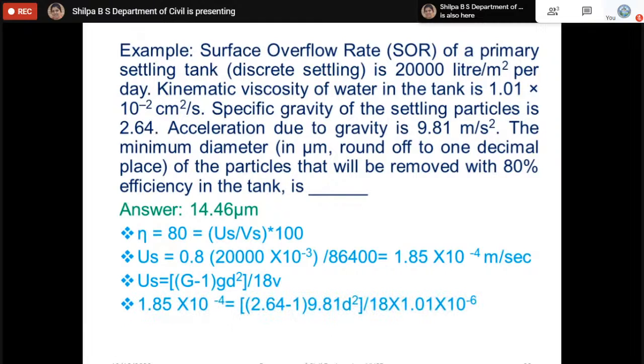Based on the surface overflow rate, the acceleration due to gravity, and the specific gravity, we need to calculate the diameter of the particle, so d square. When we simplify this, we get the diameter as 1.446 into 10 to the power of minus 5 meters. Since the problem asks us to express it in terms of micrometer, it is nothing but 14.46 micrometer.